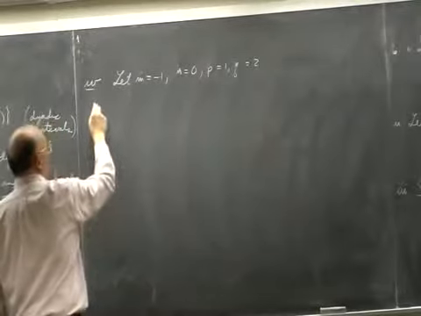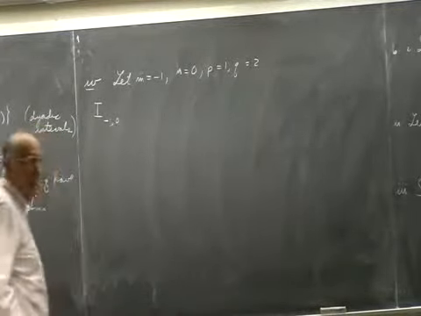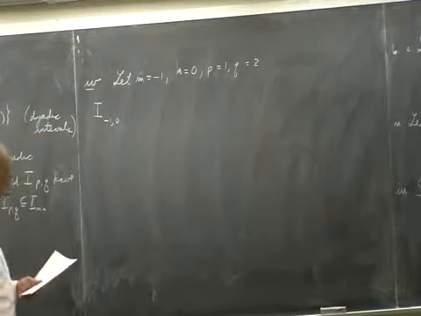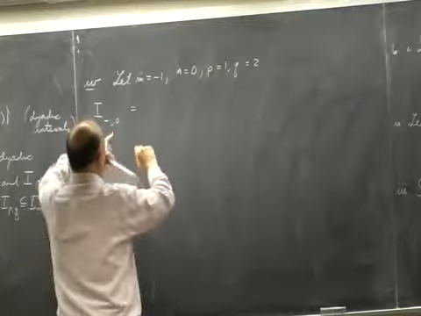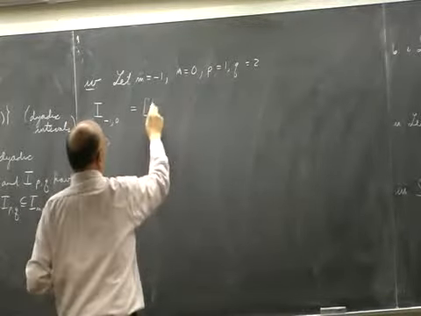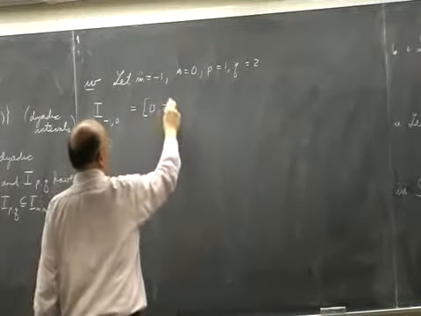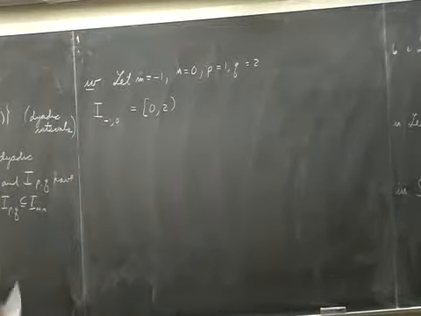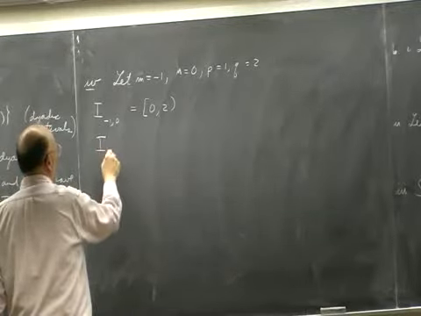Okay, what do these sets look like then? Well, I minus 1, 0 is equal to, well, I've got n equals 0, so it's equal to 0. And then I've got n equal minus 1, so it goes up to 2.